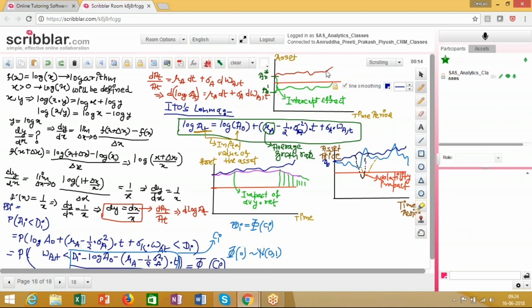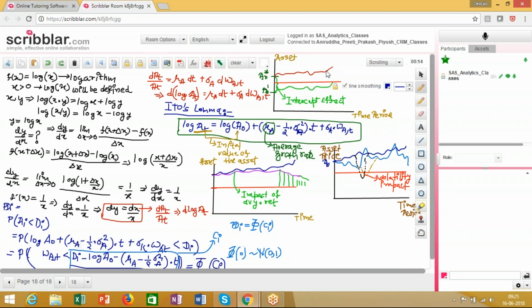Given that the Wiener value is less than some value, the asset path would be below the debt obligation path, and given that it is above a certain value, the asset path would be above the debt obligation line, and hence the probability of default would be much lower. So this is the overall idea.